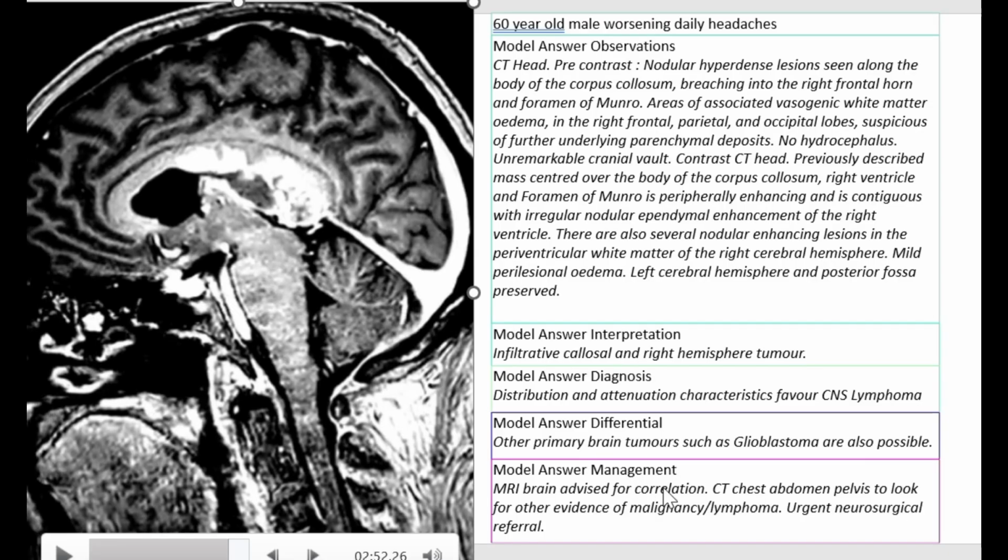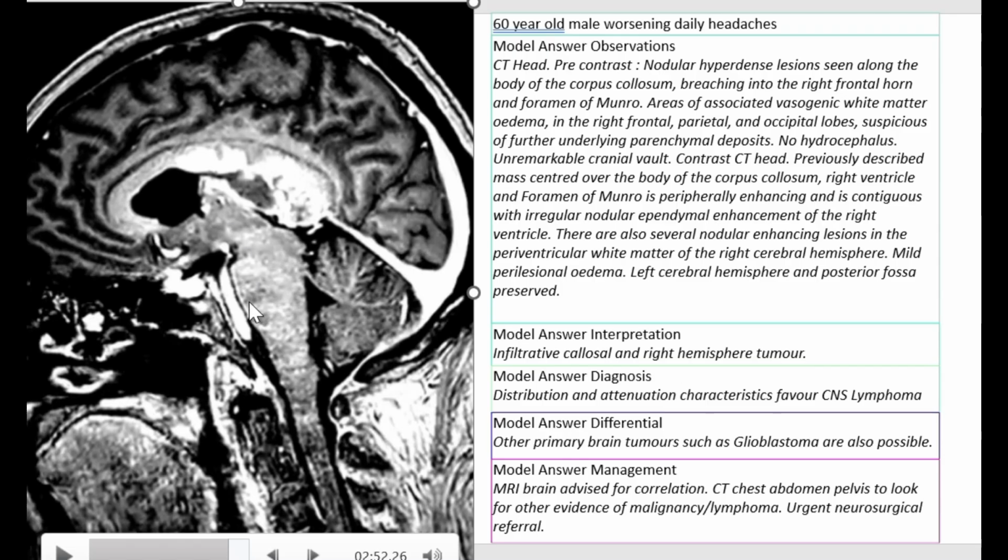Management here. This patient needs more radiological investigations, needs MRI of the brain to correlate these lesions.